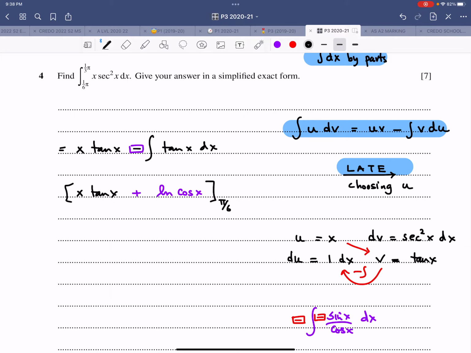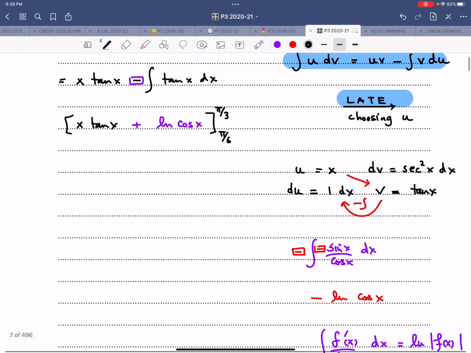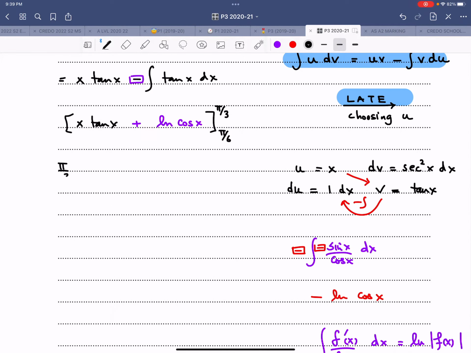Pi by 6 lower, pi by 3 upper. This is pi by 3 tangent of pi by 3 plus ln of cosine of pi by 3. This is the upper limit, minus pi by 6 tangent of pi by 6 plus ln cosine of pi by 6. So a beautiful question is waiting for you.